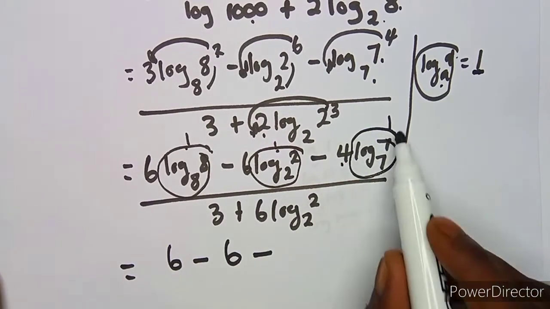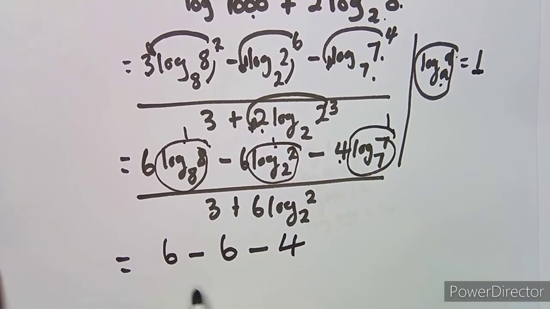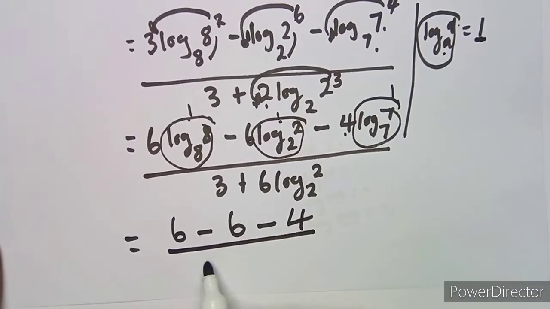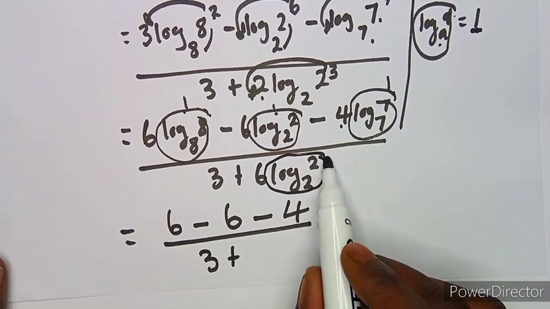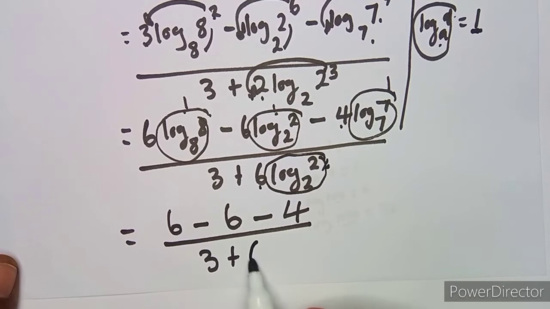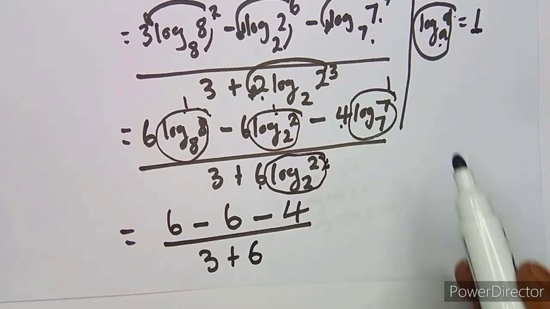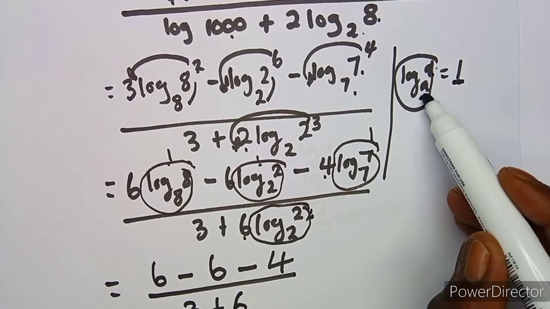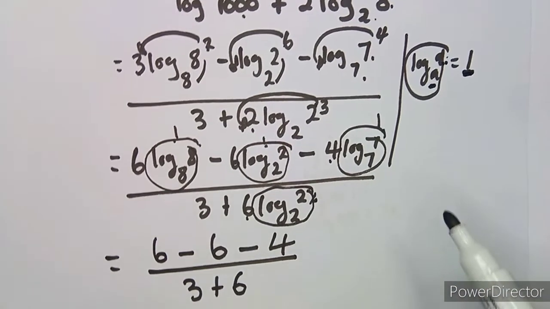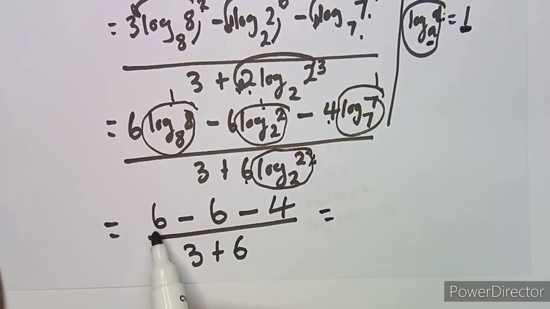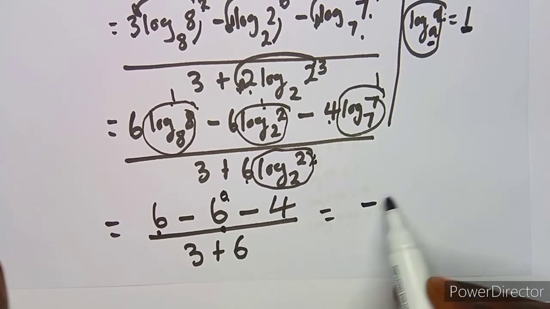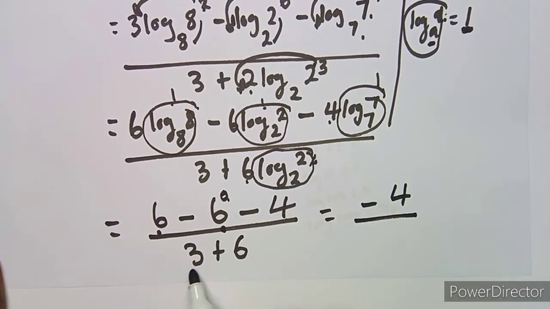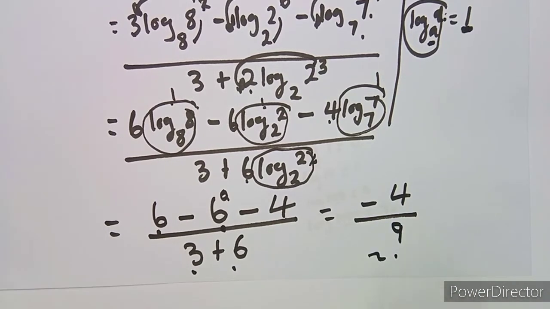This is a 1, so it's 4 times 1, which is 4, over 3 plus the same here, log 2 base 2, that's a 1, so it's going to be 1 times 6, which is 6, because when the number and the base are the same, you obtain a 1. So as you can see, 6 minus 6, that's a 0, 0 minus 4, which is minus 4, over 3 plus 6, which is actually 9, or you can now just simplify that one directly at once.